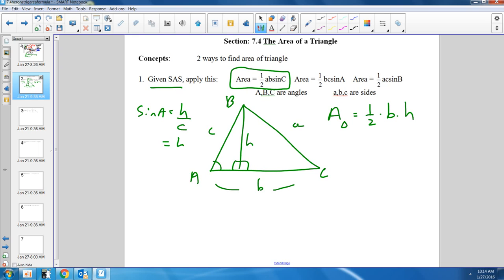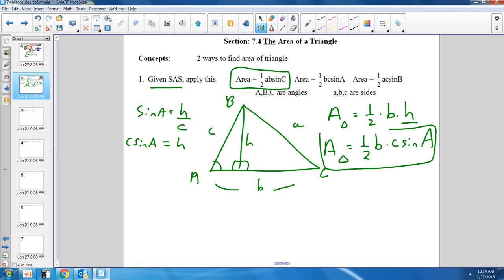And therefore my h is equal to c sine A, and there's my substitution for my height. So I'm going to come back over here, and I'm going to say the area of a triangle is equal to 1/2 b, and then plug this right in, b times c sine of angle A.